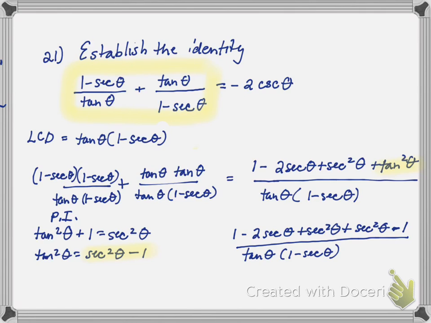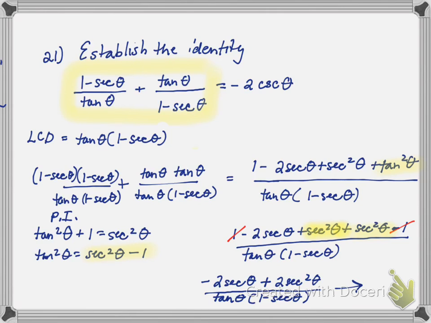The 1's will cancel each other out: 1 minus 1 is 0. And I have two values that are the same, secant squared theta and secant squared theta, so I can add those together. When I do that, I get negative 2 secant theta plus 2 secant squared theta all over tangent theta times 1 minus secant theta.